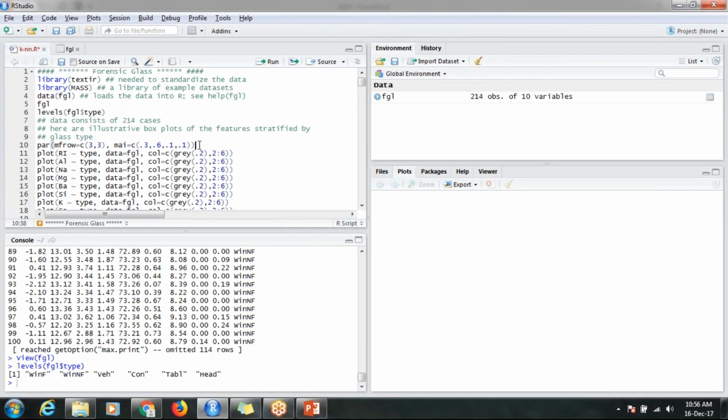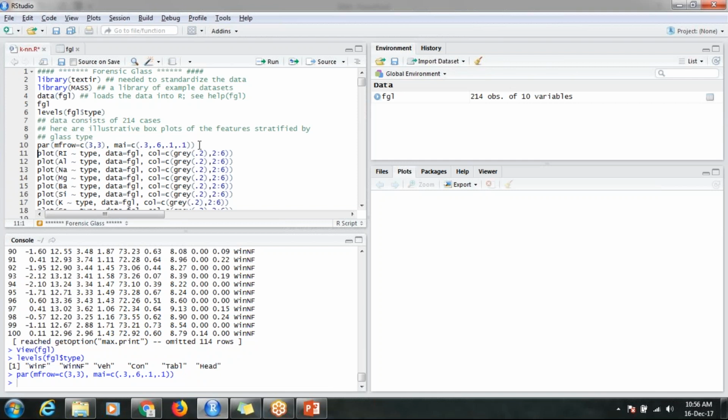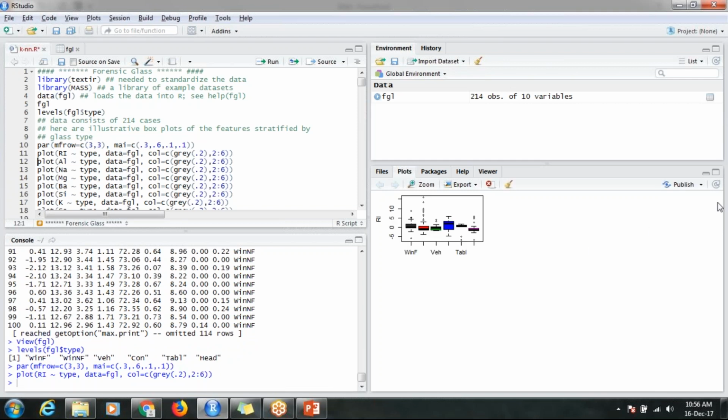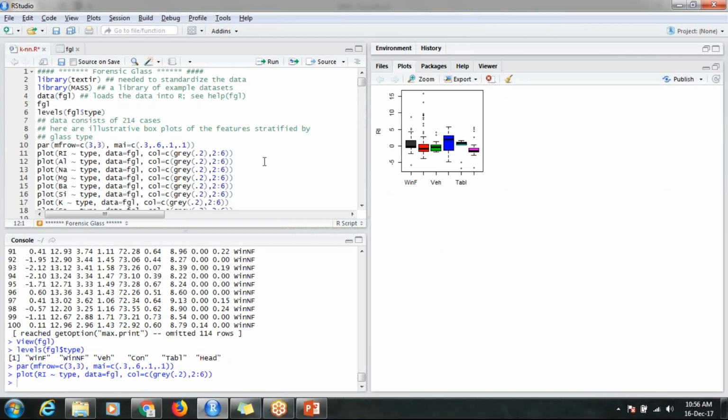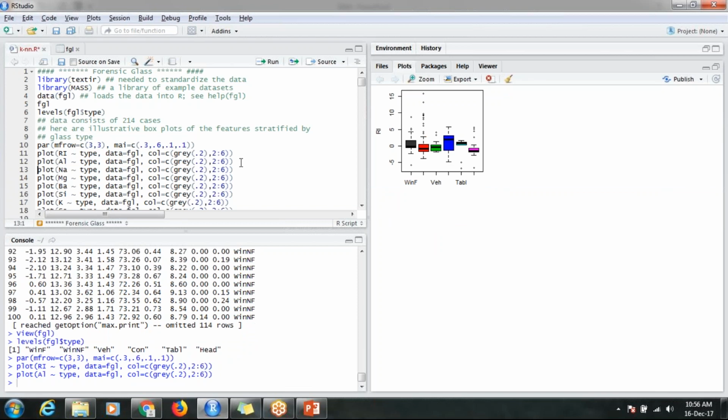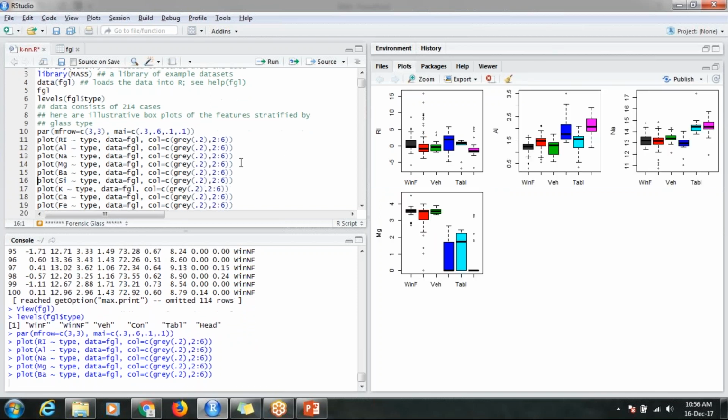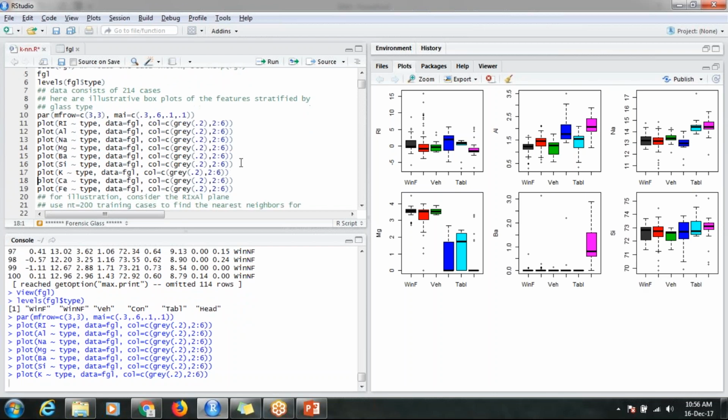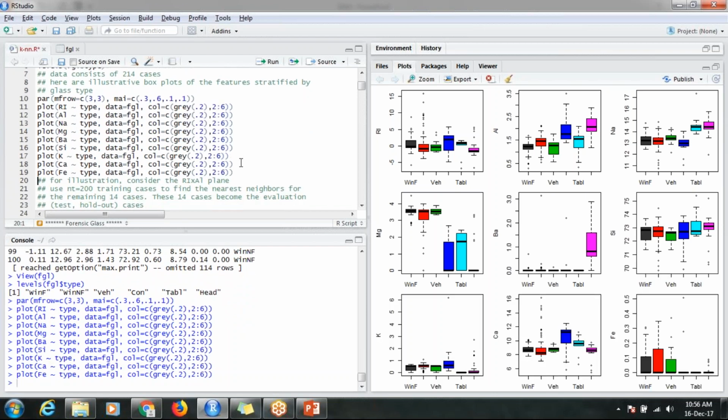So first have a look at the data set, a visual plot, and try to understand how it should be. What I'm doing is making a plot with all the elements against the type of glass. On the basis of refractive index, this is the kind of box plot I'm getting.